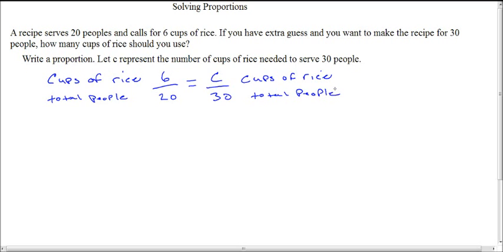Okay, what's our first step? Write the proportion, correct? Our first step is to write the proportion, and our proportion will be 6 over 20, or 6 to 20, is equal to C to 30.